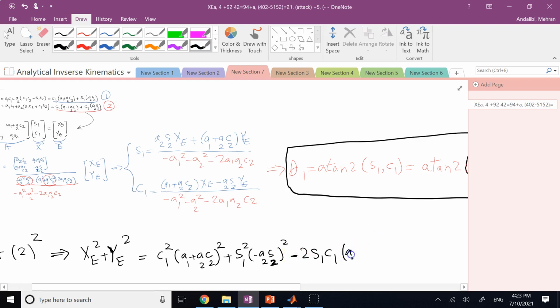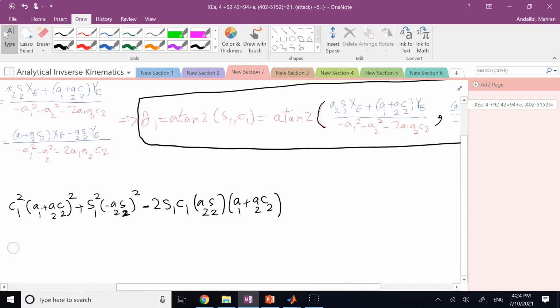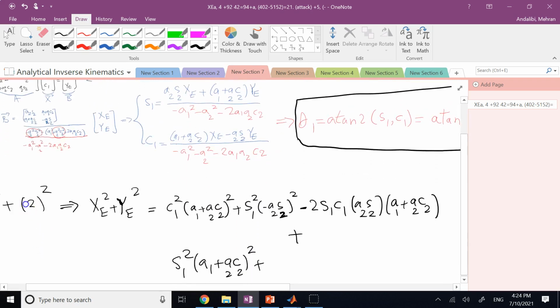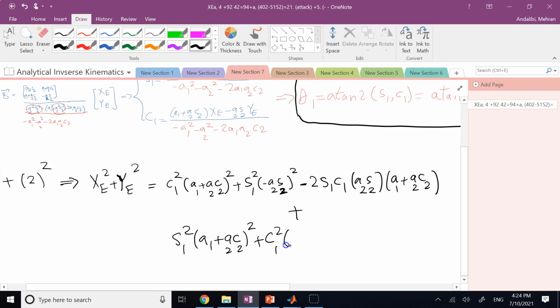And so you get a2 s2 times (a1 plus a2 c2). So this is only the square of the first term. The square of the second term is also quite similar. If you don't mind, I'll write it down below so that you can see it side by side. It's going to be s1 squared times this guy squared, and then plus c1 squared times a2 squared.